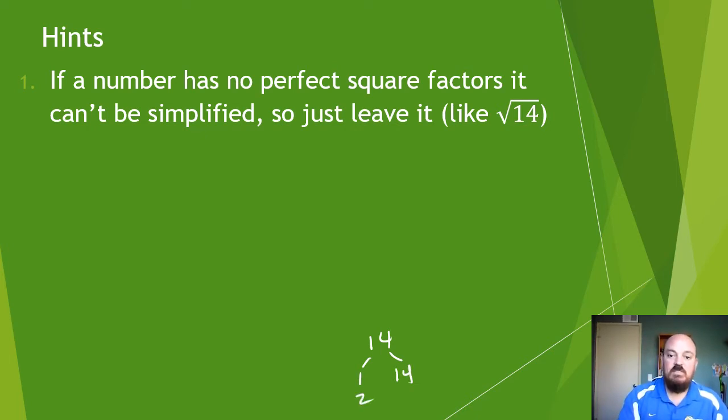It could be 2 times 7, and then that's actually it. 3 doesn't work, 4 doesn't work, 5 doesn't work, 6 doesn't work, and we're back to 7. So I look at the list and I go, well, none of those are perfect squares. 1 isn't a perfect square, 2 isn't, 7 isn't, 14 isn't. Okay, well, it's already simplified then. So you just leave it. So don't try to break it up into the square root of 2 times the square root of 7 and try to force it to be simplified if it can't.